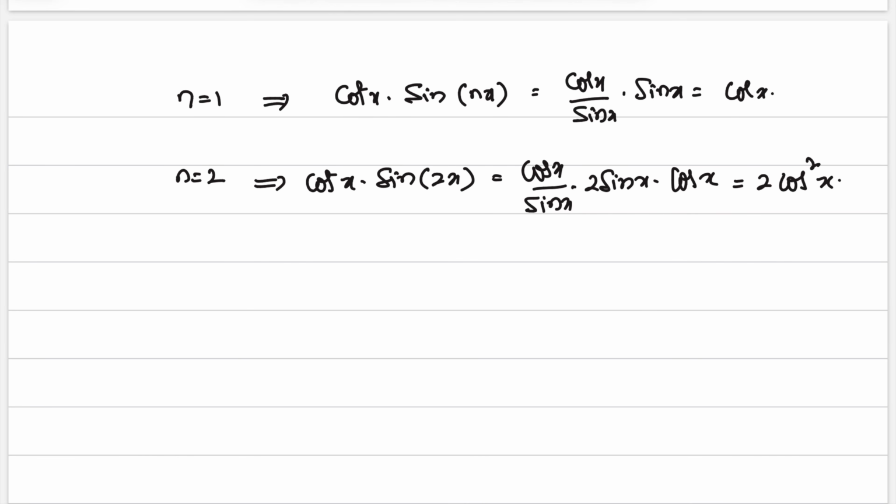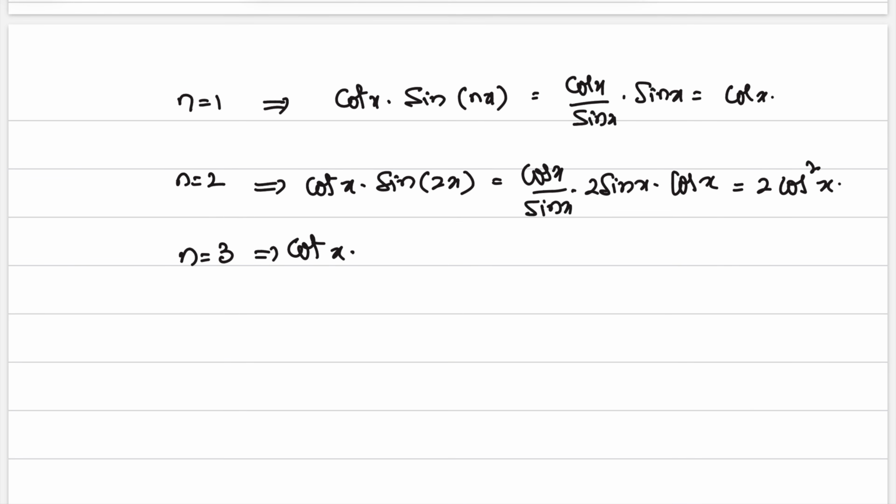Are you able to follow? When n is equal to 3, cot x into sin 3x will be equal to 1 plus 2 cos 2x, and it goes on.